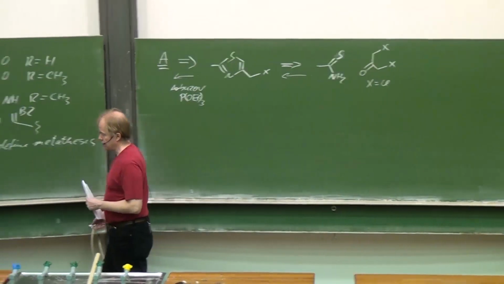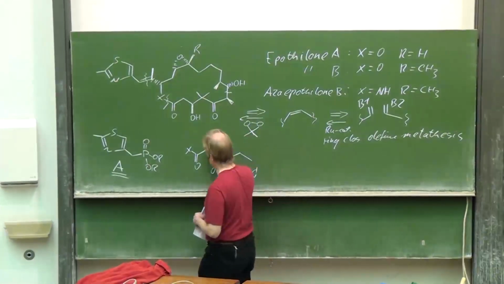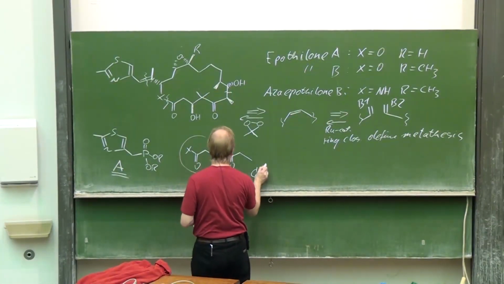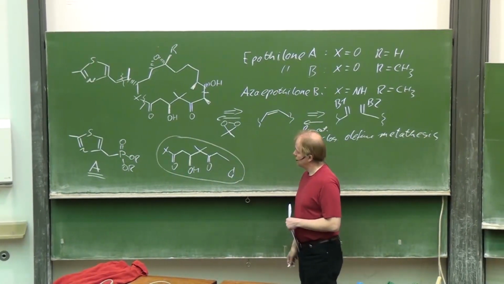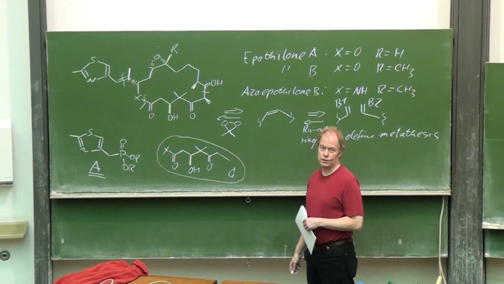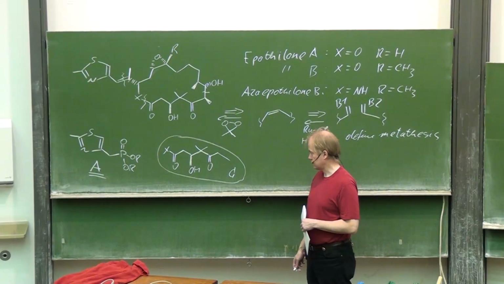Now, let us look at C, and we will follow the research plan of Dieter Schinzer, also at that time at Braunschweig University, close to the group which identified Epothilone.